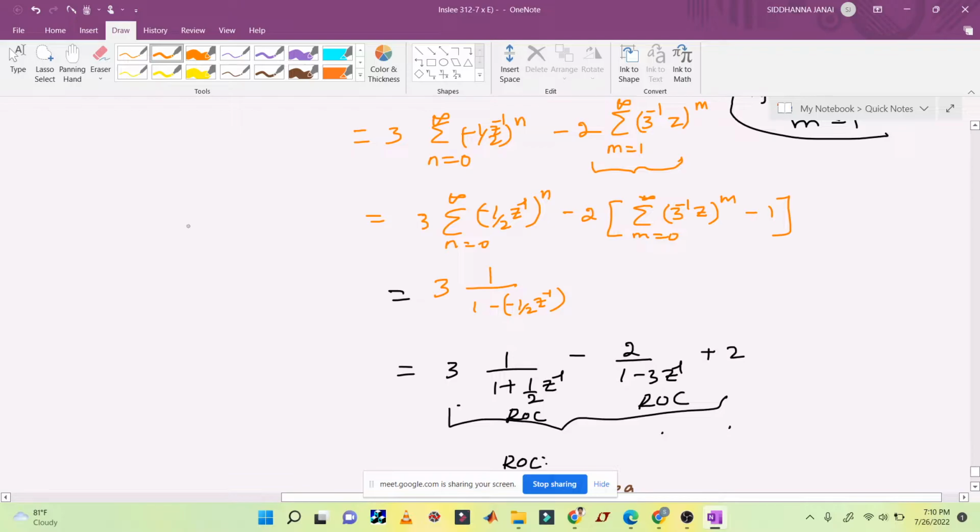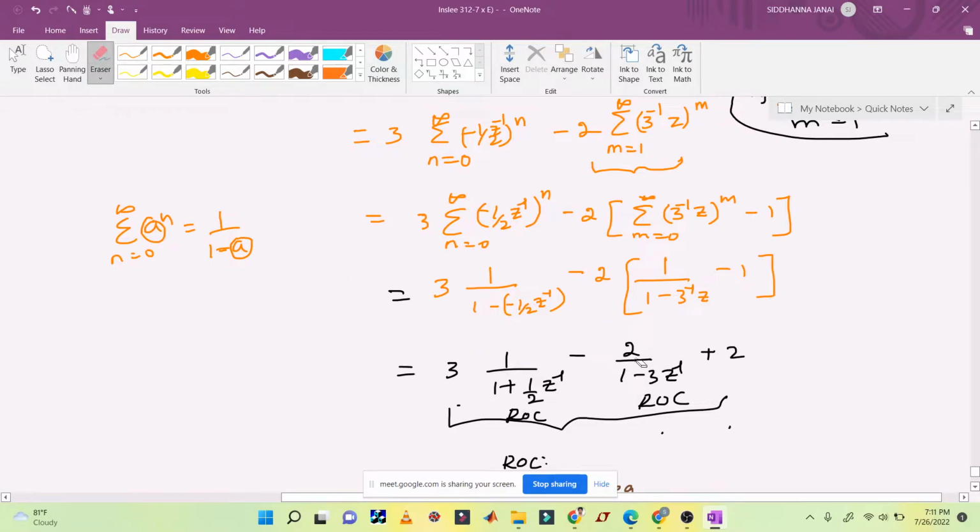Because of our equation, a to the power n summation n equal to 0 to infinity, we can write 1 over 1 minus a. So whatever is there here, it will come here. So minus 1 by 2 was there, minus of minus 1 by 2 z inverse, minus 2, and here it will be 1 divided by 1 minus 3 inverse z minus 1. Okay.